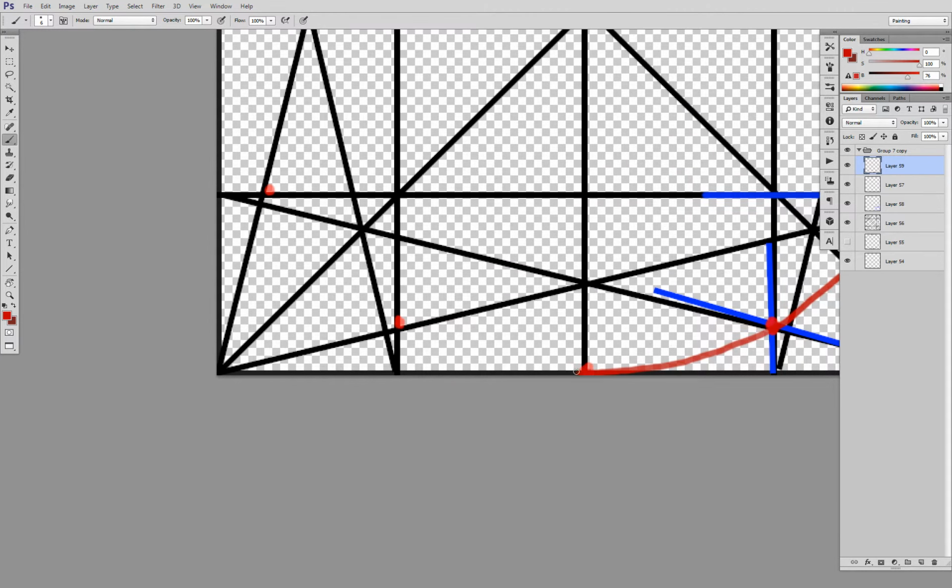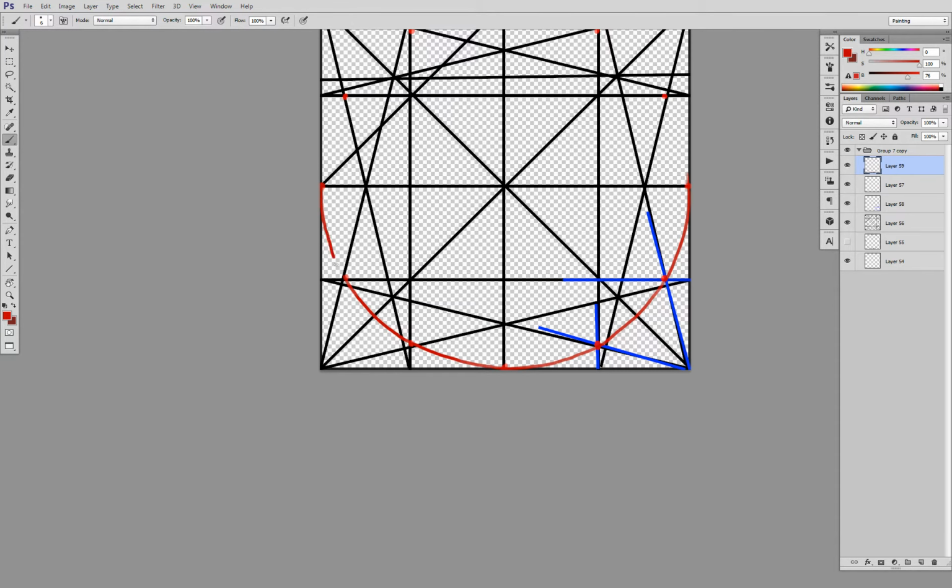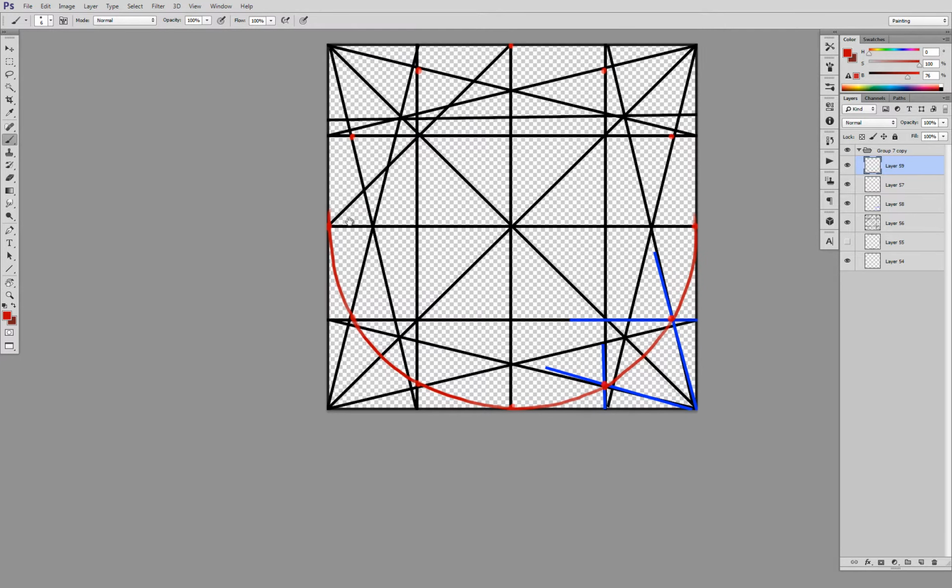So when we talk about drawing curves in perspective, this is very, very similar to that. That's pretty much all we're doing, just connecting up points.